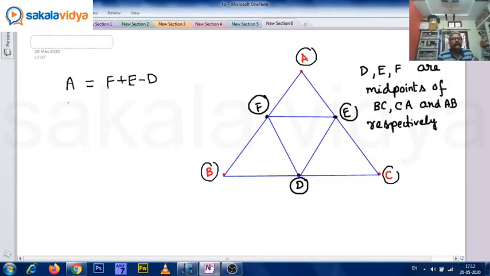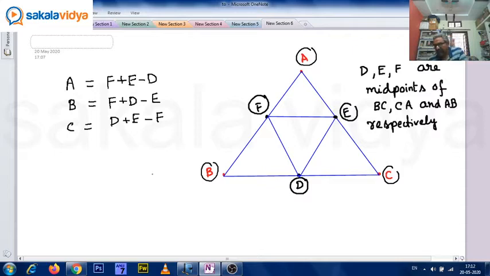So what is B? B equals F plus D minus E. So now if you want to find C, how to find C? D plus E minus F.